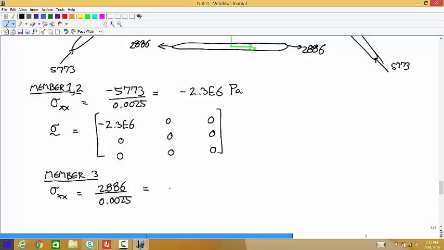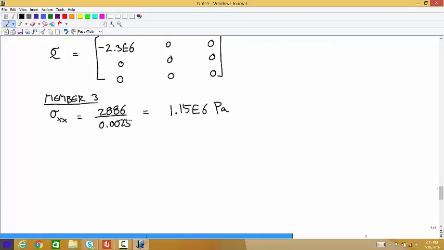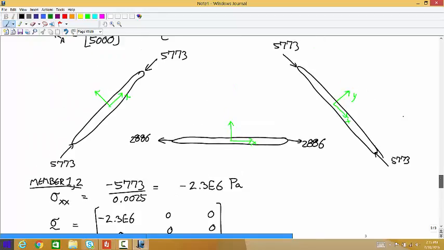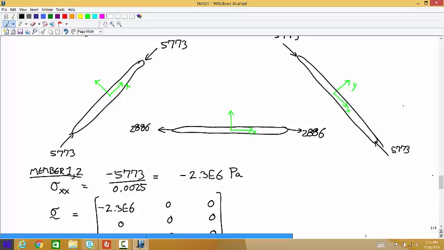So this is going to be positive 1.15 times 10 to the 6 pascals, something like that. You said 1 and 2 are the same then, sir? Yes, because they are both in compression with the same load.